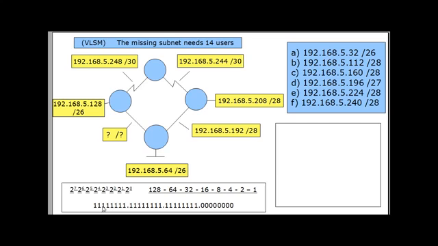Then I've made a binary subnet mask of 1s and then 0s. These 8 1s are 255, these 8 1s are 255, these 8 1s are 255, and these 0s are 0. So this would be 255.255.255.0, or a /24 subnet mask.